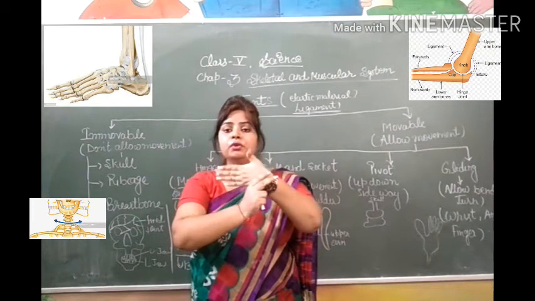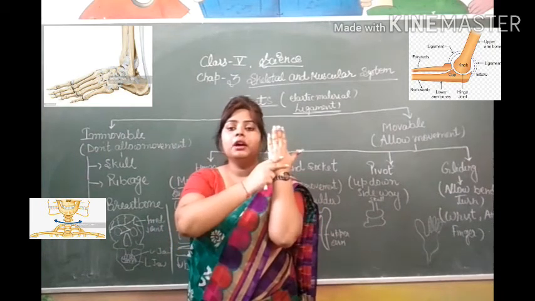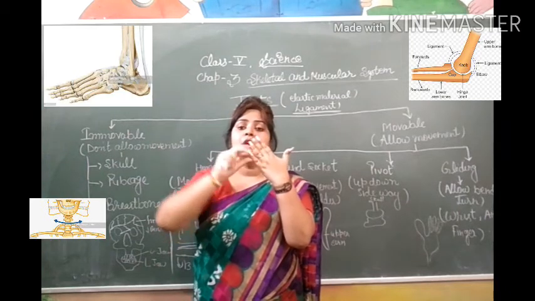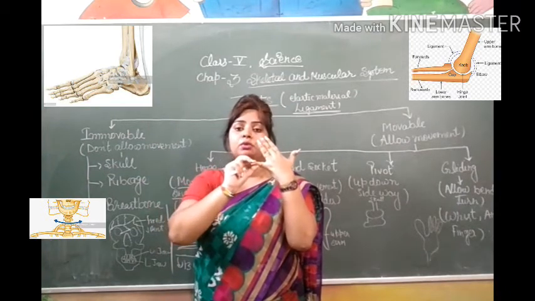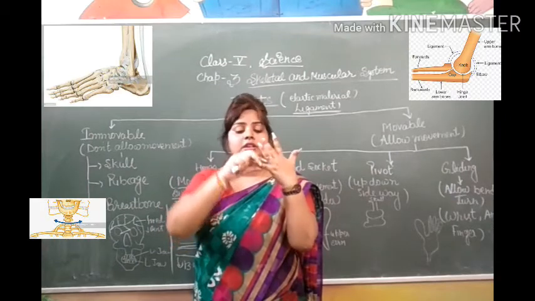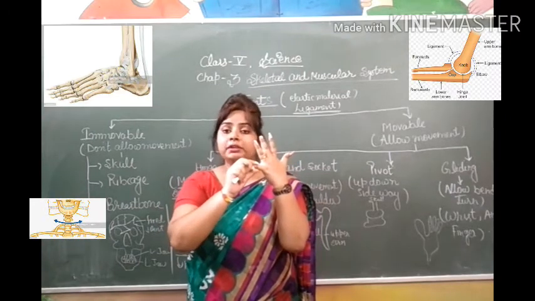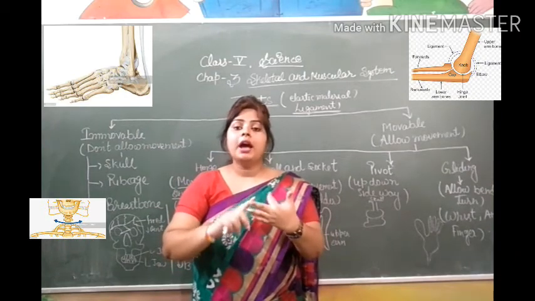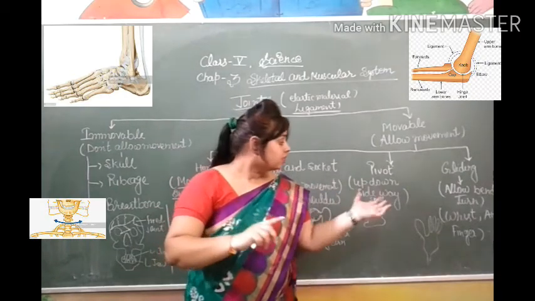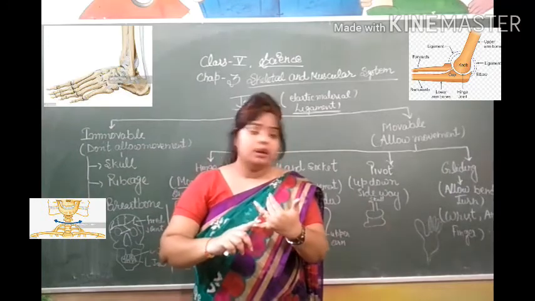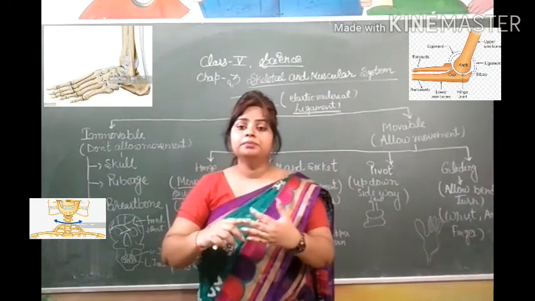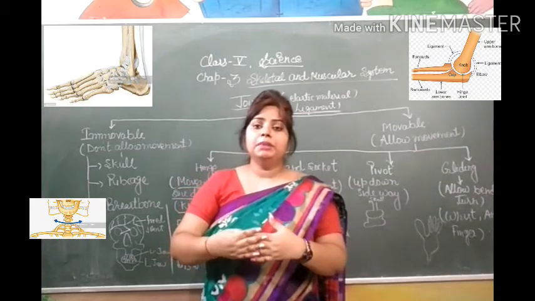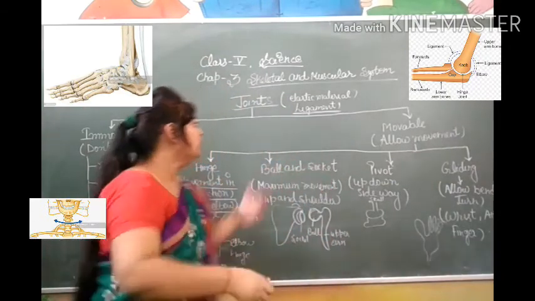If you move your finger to a maximum movement, your finger can't move at a large or maximum point. So our fingers, toes and our ankle also have a gliding joint. So I repeat this topic.